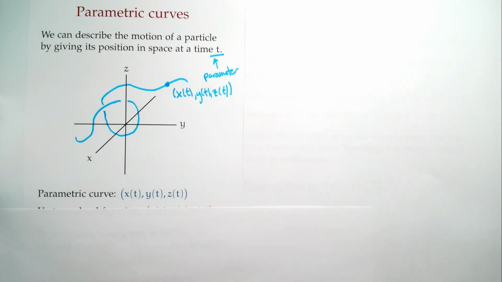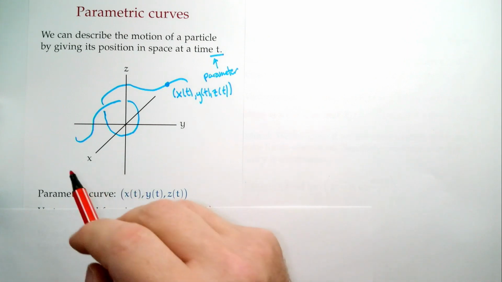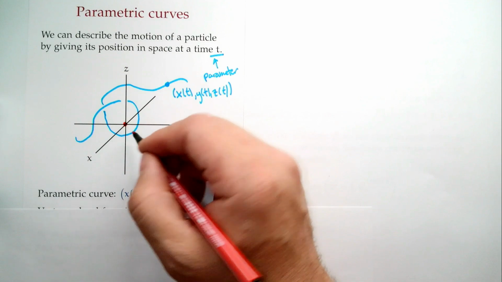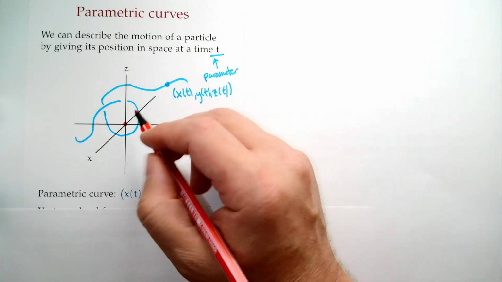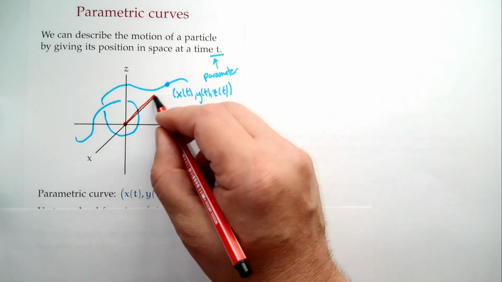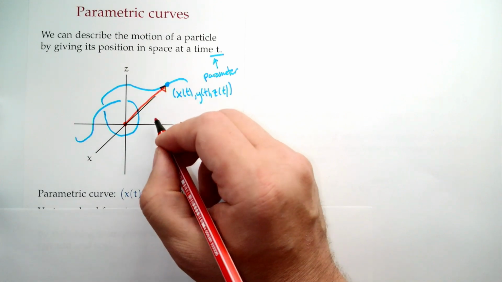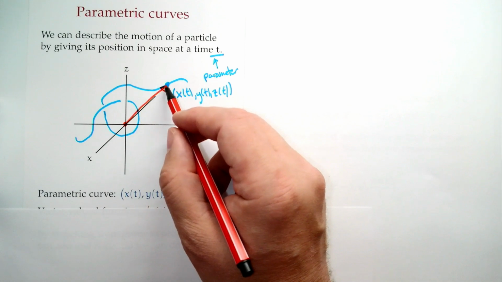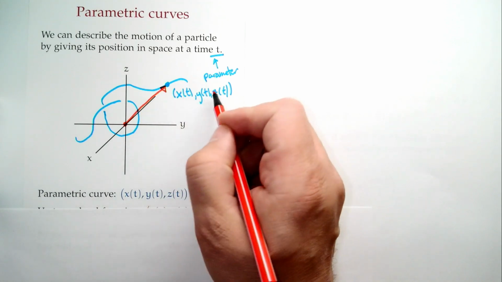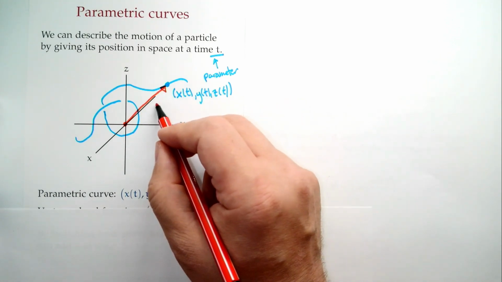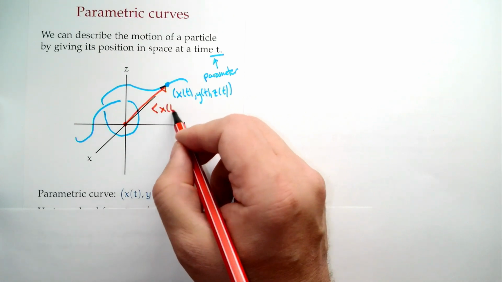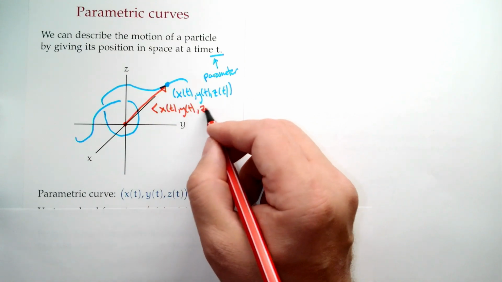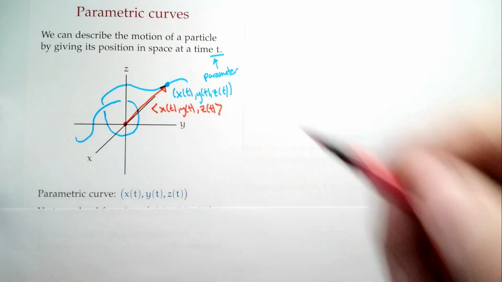So we're going to do something, which is to say, instead of thinking about this as a parametric curve where I think about it as points, I'm going to imagine that I nail down one end of a vector at the origin. Then I have this vector that points out to my current location. And I say, okay, so where is the end of that vector? Well, it's at the point x of t, y of t, z of t. So I can replace my parametric curve with a vector where the entries of the vector are themselves functions of t.